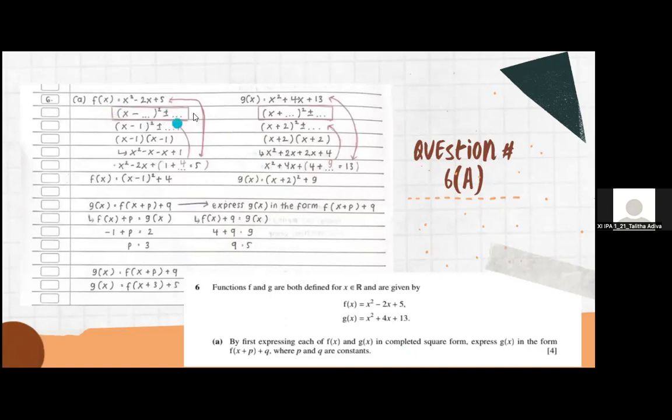In this form, and to fill this section, we have to factorize this given equation, which is, in this case, we got x minus 1 to the power of 2.